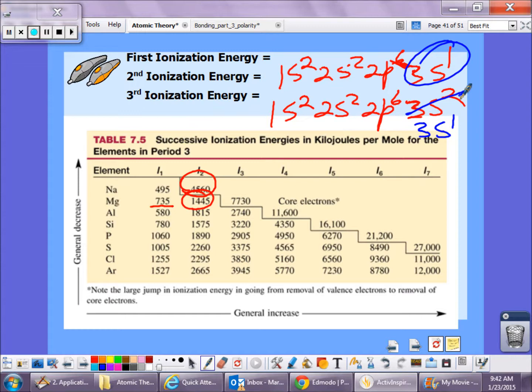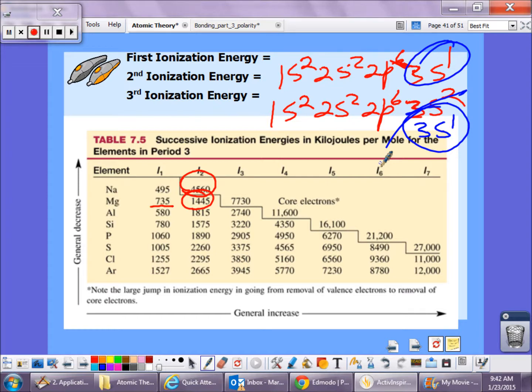But the second electron I'm removing from magnesium would still be in 3s1. The second electron from sodium is a 2p6 core electron. The second electron for magnesium is still on the third level, 3s1.